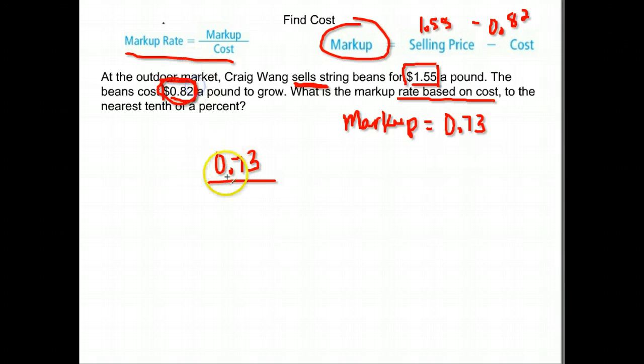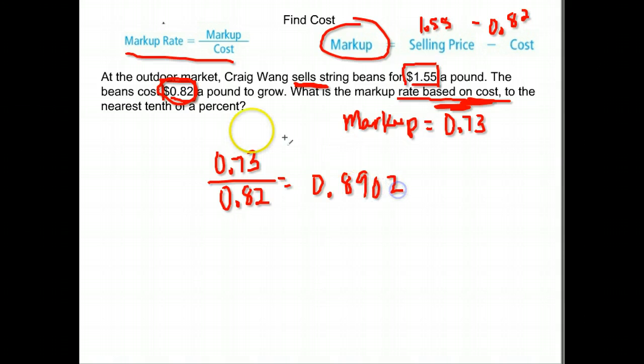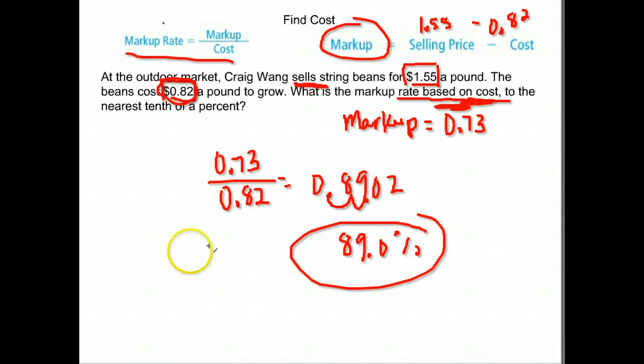Again, be very careful. Make sure you use the cost and not the selling price, because this is the markup rate based on the cost. And we get 0.8902. It wants it to the nearest tenth of a percent. We move the decimal 2 places to the right to change that to a percent, and in this case, we just get 89.0%.